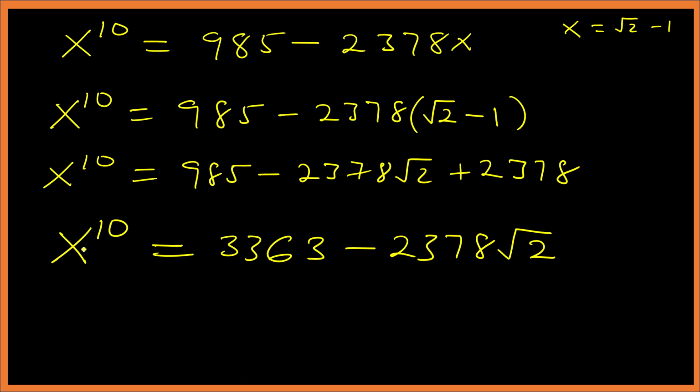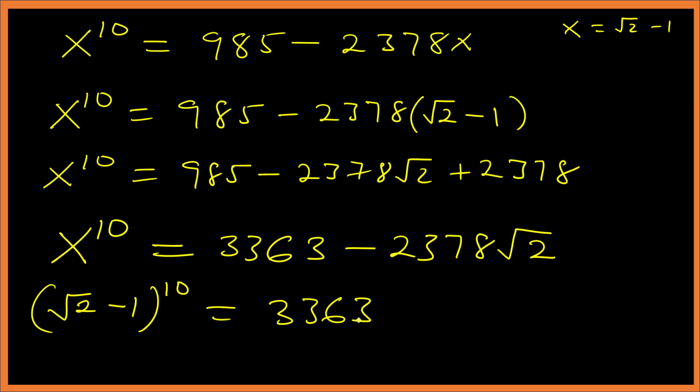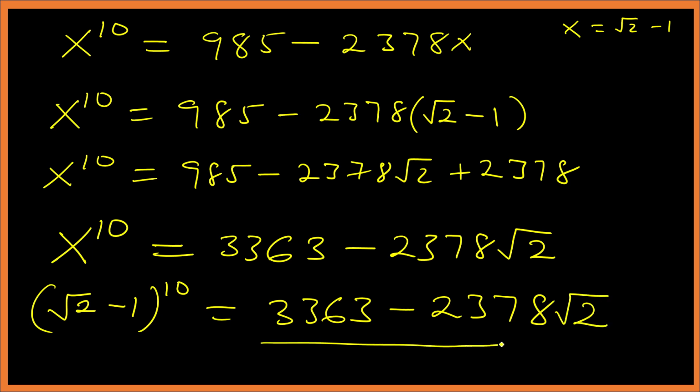Okay, but x is root 2 minus 1. So this (root 2 minus 1) to the power 10 equals 3363 minus 2378 root 2. That's the answer.